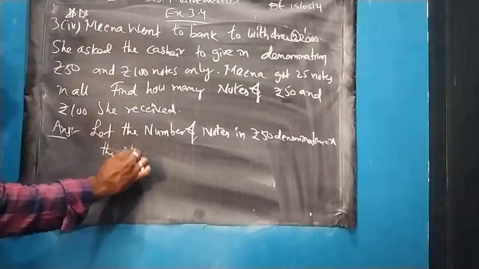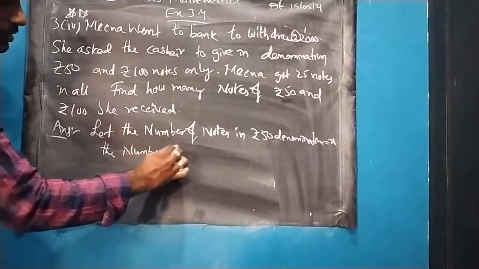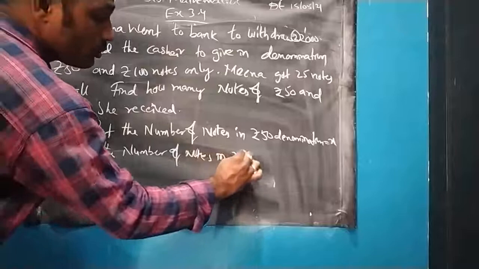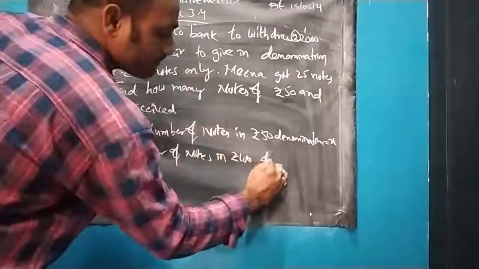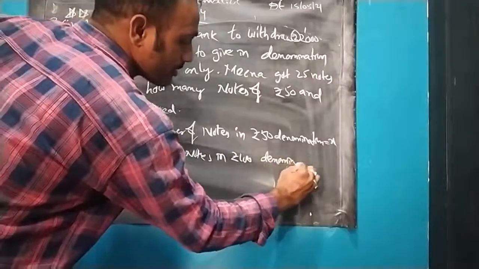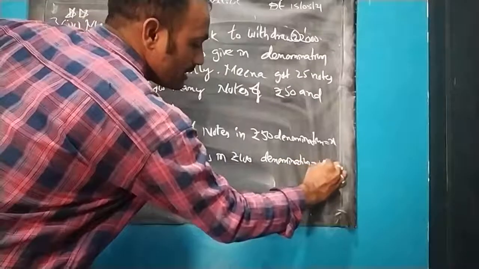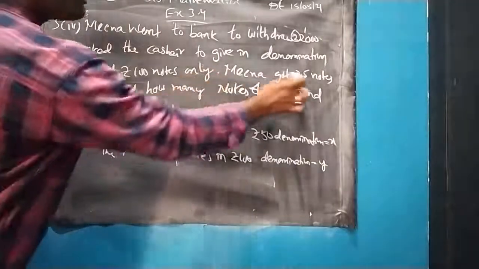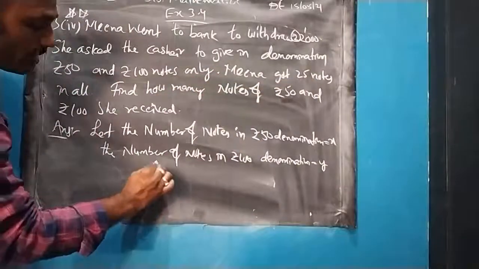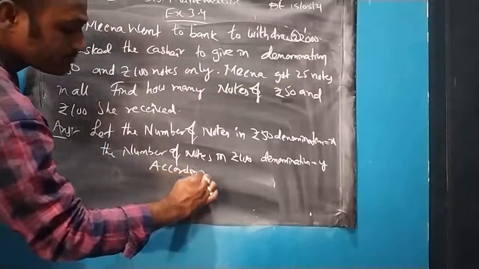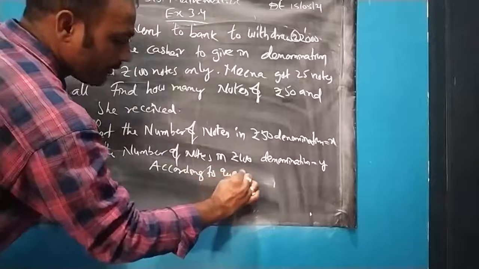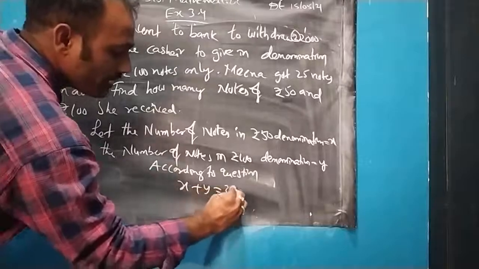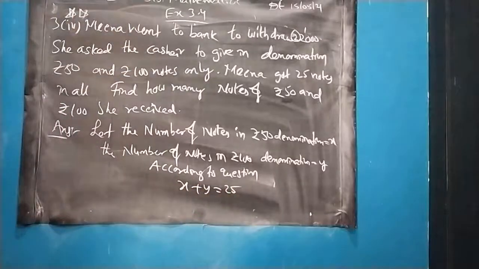The number of notes in rupees 100 denomination is y. Now totally how many notes are there? 25. So according to the question, x plus y is 25. This is the first equation.